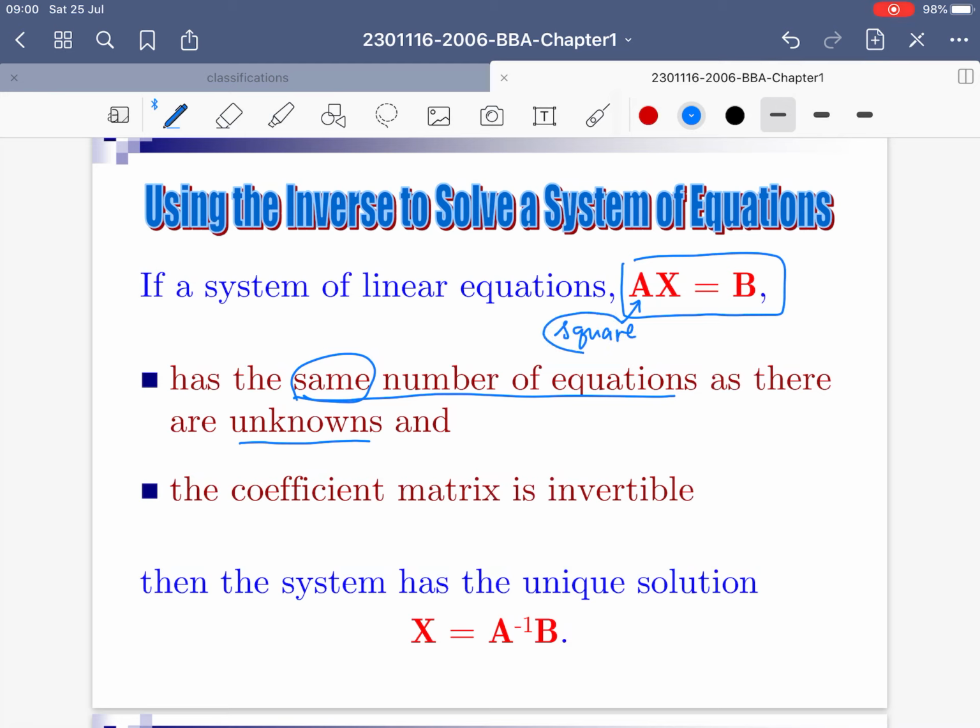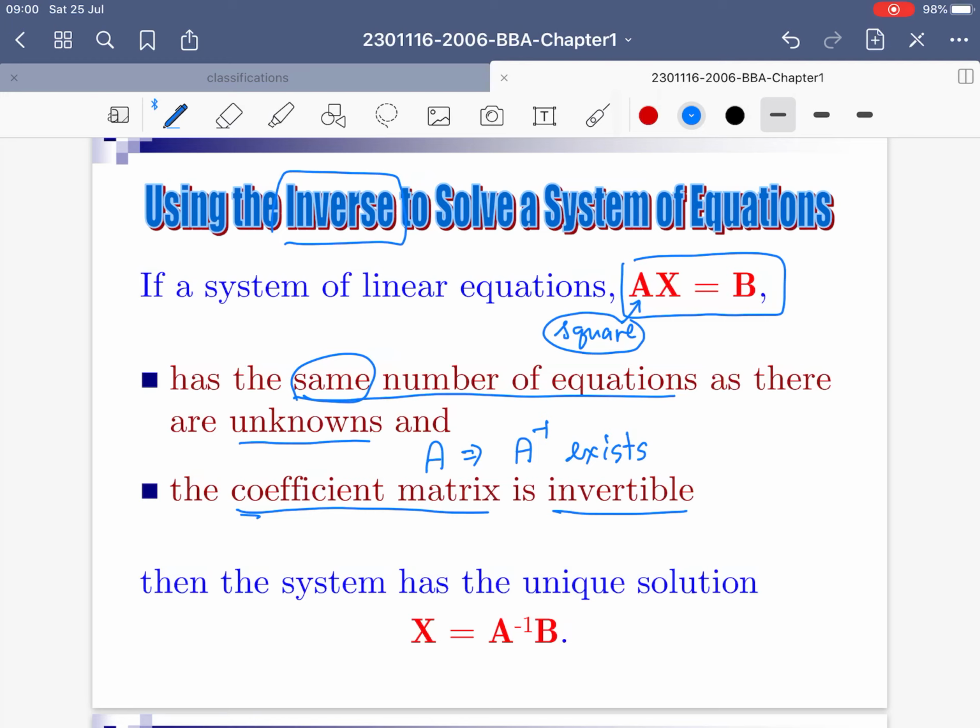Like I told you, if we talk about the inverse, your A must be square in the first place. And then the coefficient matrix A must be invertible, so you need to be able to find your A inverse. The A inverse exists.